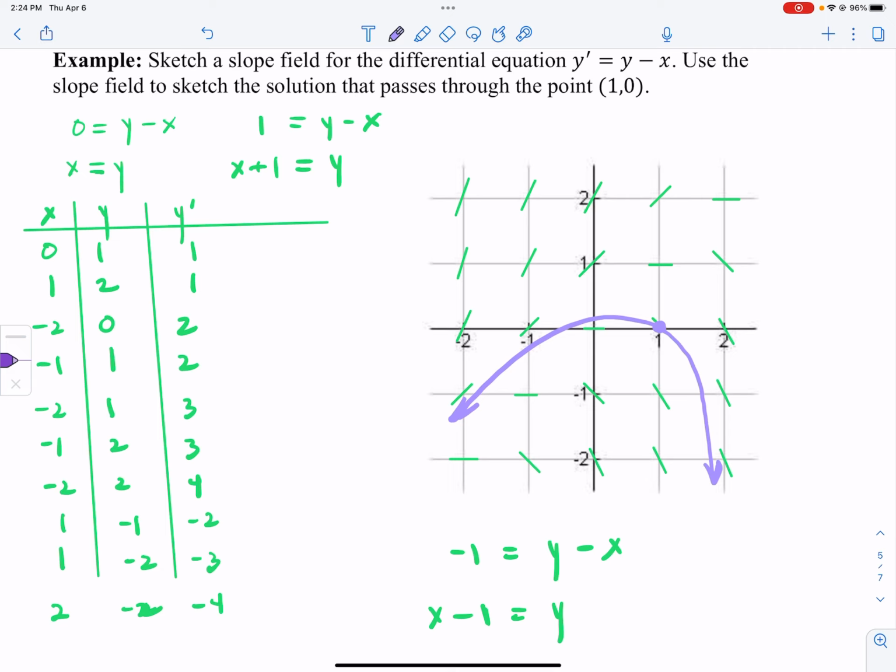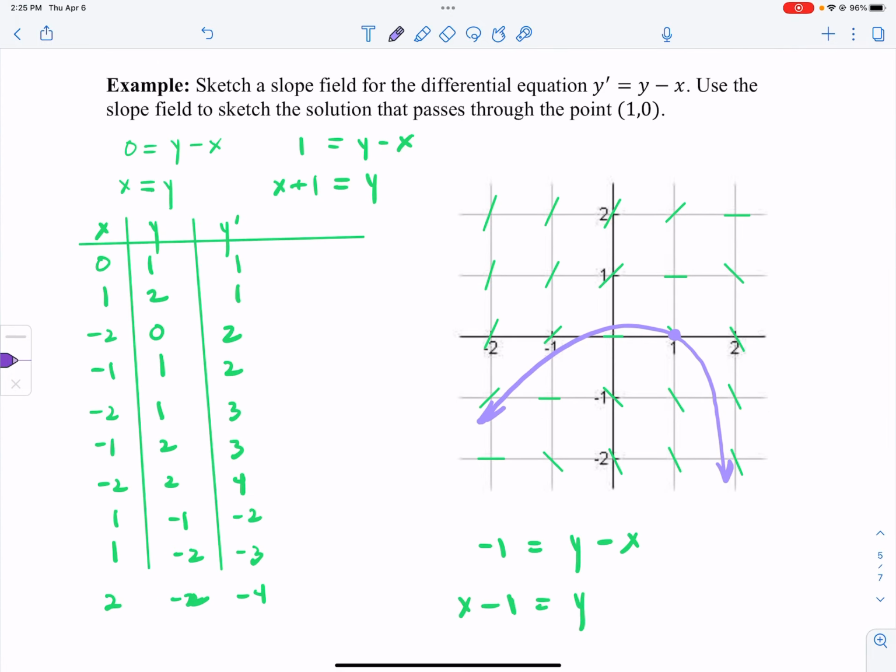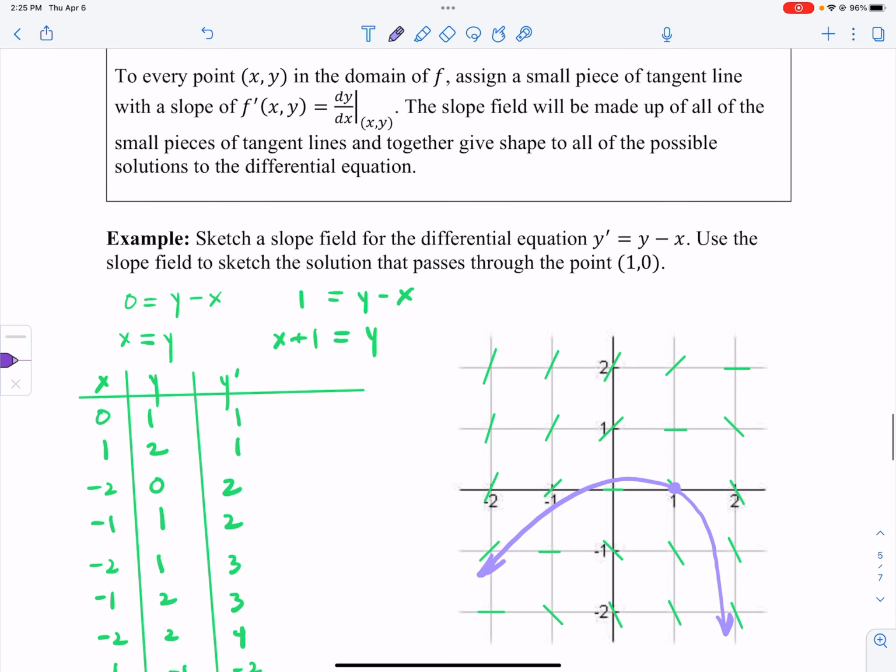That's what I think it would look like. And you guys do not know how to solve this differential equation. Now, if you want to check with Wolfram Alpha, I think you will see that our solution is pretty good. Pretty good sketch for the solution that passes through 1, 0.